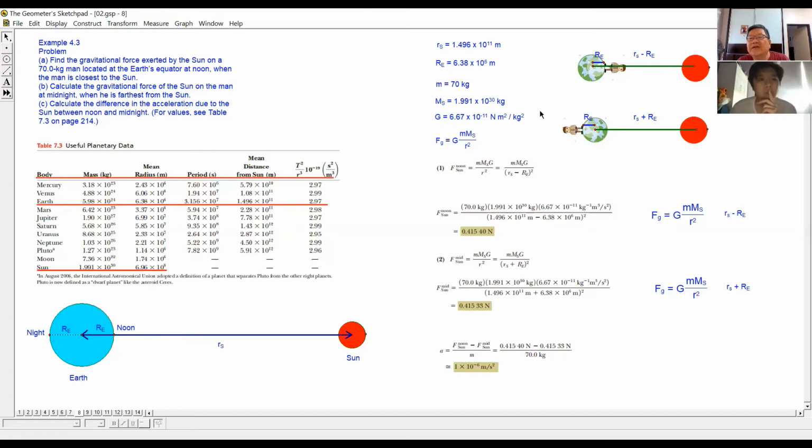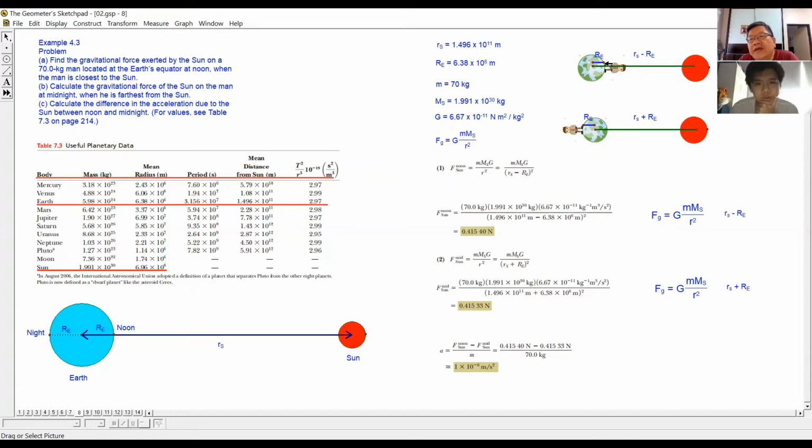So if you cannot see, then we look at the picture here. The green line shows the distance between the center of the earth and the center of the sun. The man is standing on the surface of the earth.